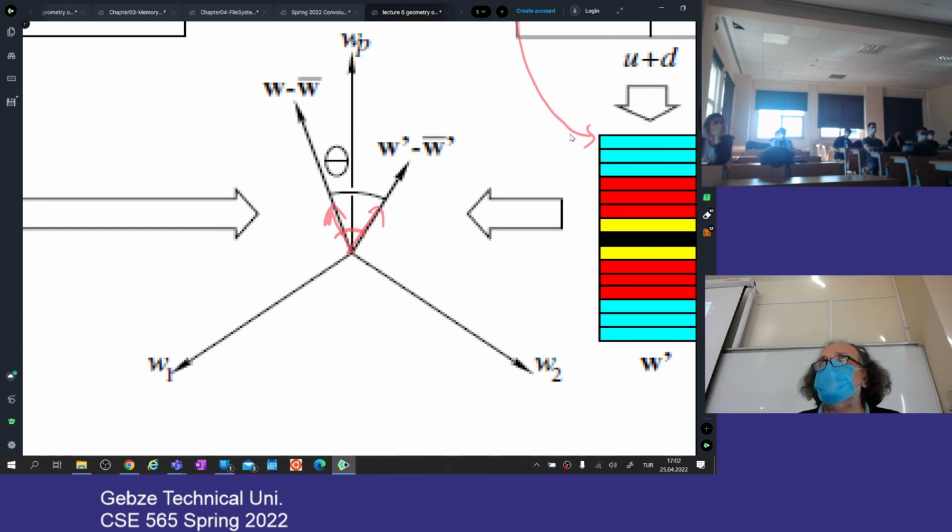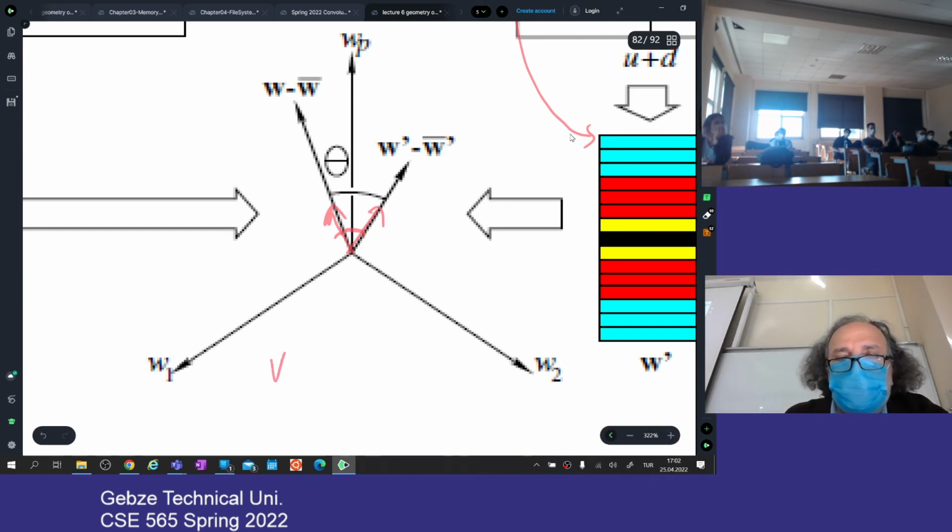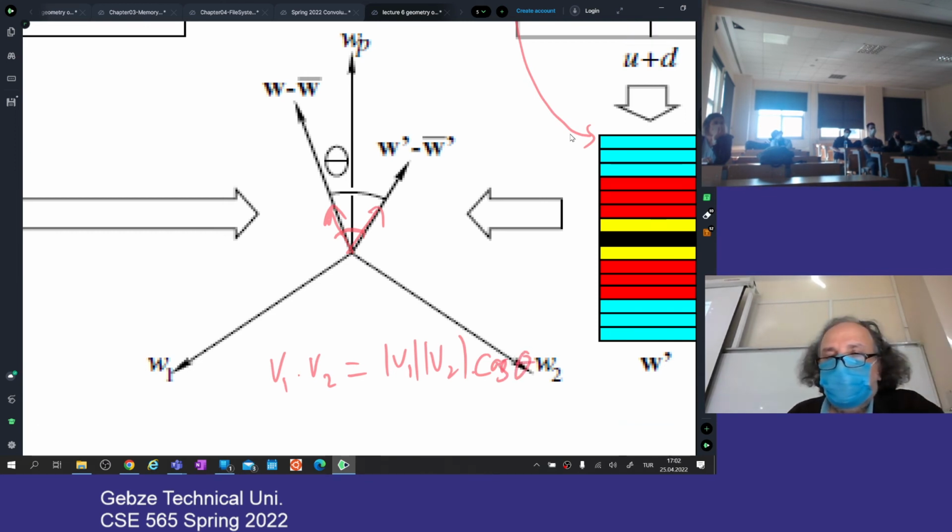How do you measure the angle between two vectors? It's the cross product, right? It's the length, okay? Two vectors, V1 and V2. You take V1's length, you take V2's length, and the cosine of the angle between them. That's the definition of it.